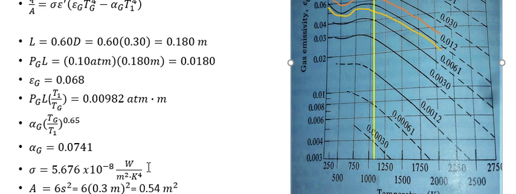And the constant is 5.676 times 10 raised to negative 8 watts per meter squared Kelvin raised to 4. And basing on the furnace, which is a cube, the area is 6s squared, which is 0.54 meters squared.